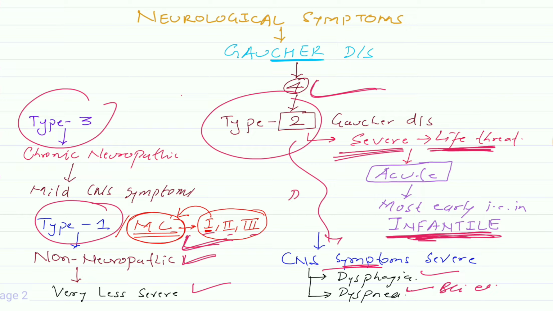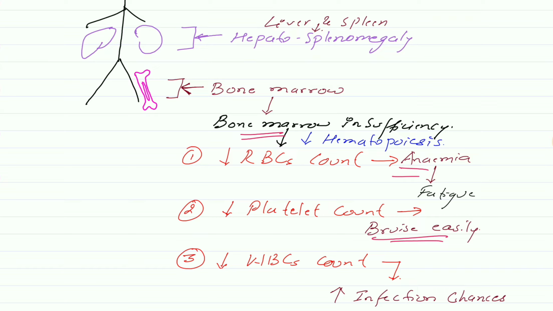Now, after neurological symptoms, there are other symptoms like bone marrow insufficiency, anemia, and increased bleeding tendency. Infection chances increase because of the decrease in WBC count, and one bruises easily because of the decrease in platelet count. So blood clots will not form in the body, and the person will bruise very easily.